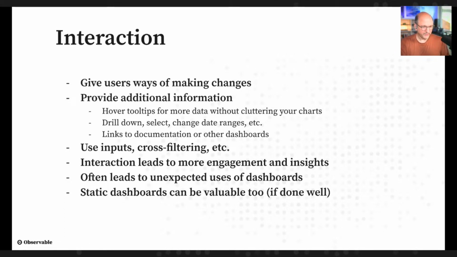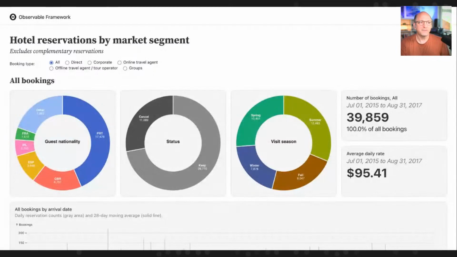So I want to briefly show a couple of examples here, just to show a few simple types of interactions. This is a hotel reservations example, based on I think a synthetic data set of hotel bookings.